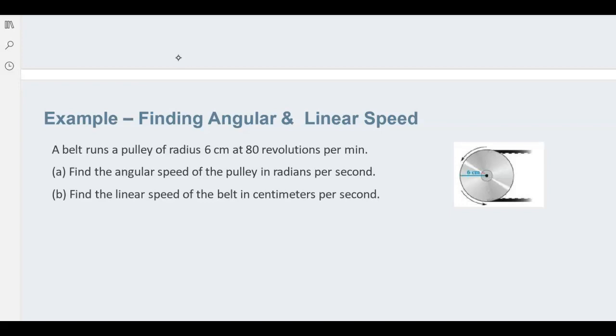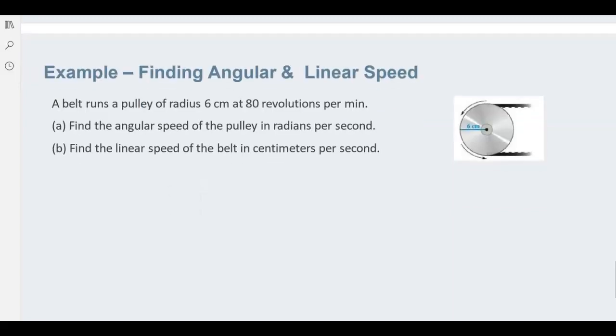So again, the angular speed is going to be how quickly this angle is opening versus how fast a point is moving on the edge. All right, so for part A, we know that in 1 minute, the pulley is going to have 80 revolutions.